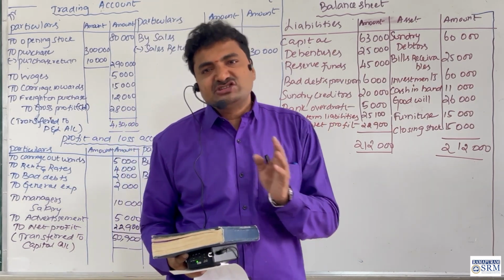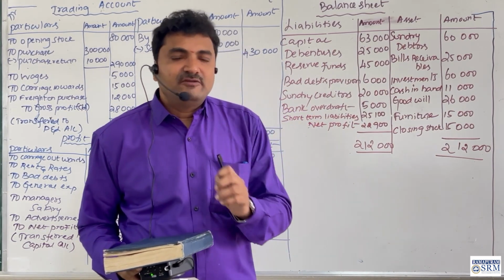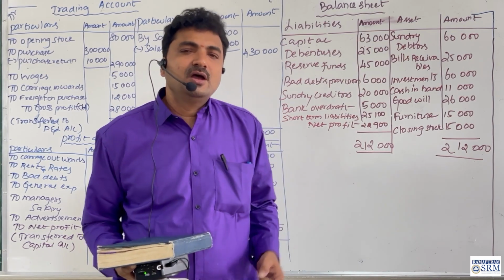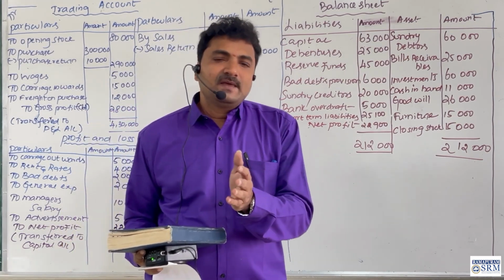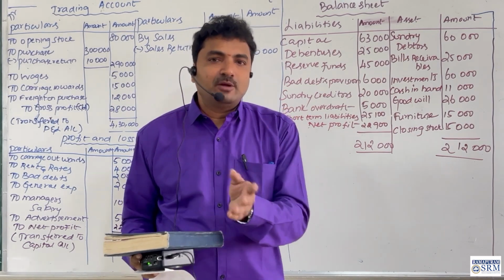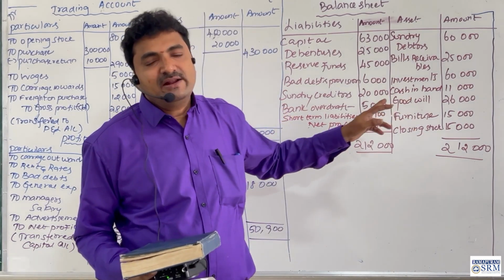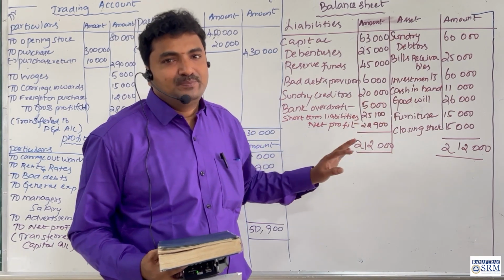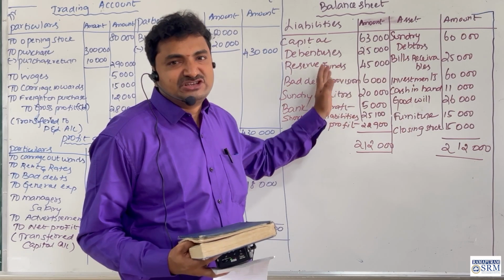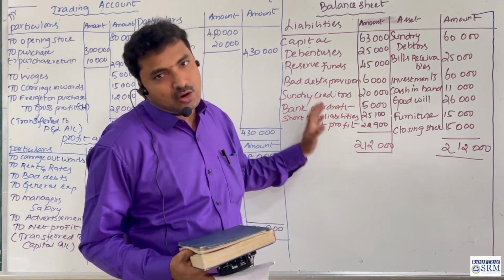Long-term liability means more than 1 year. For example, share capital. Suppose your company issued a bond, or received money from ICICI Bank or HDFC Bank or some other bank for more than 1 year, that will come under long-term liability. Okay, the liability part has been classified into short-term as well as long-term.